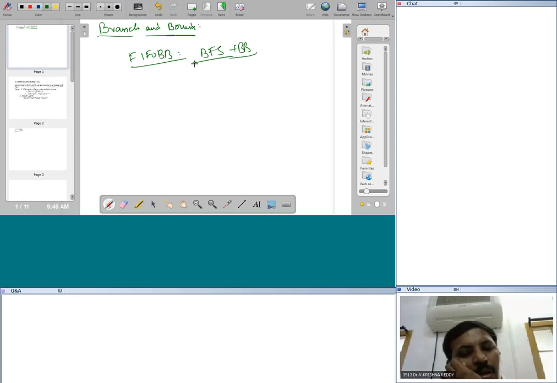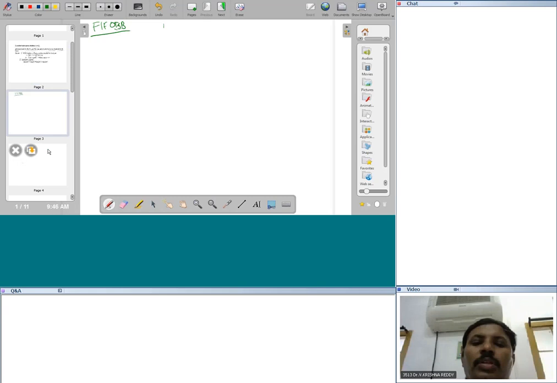Breadth first search uses a queue, and a queue always uses BFS. First in, first out means the node which is generated first, that node we have to expand first. First we have to start with node 1.